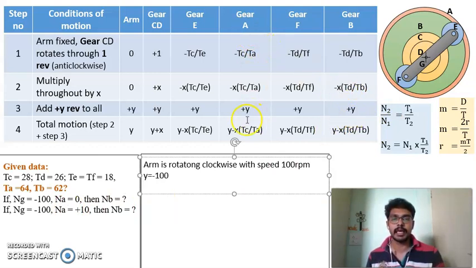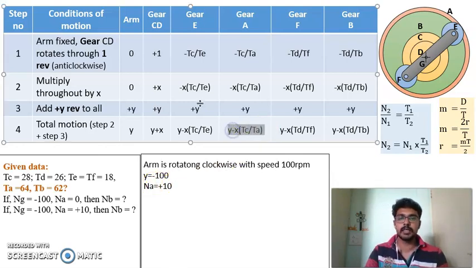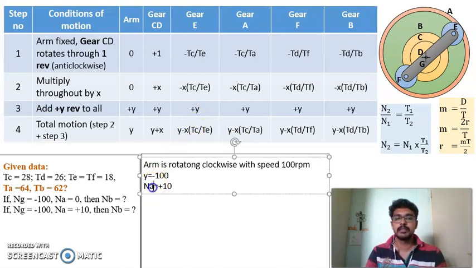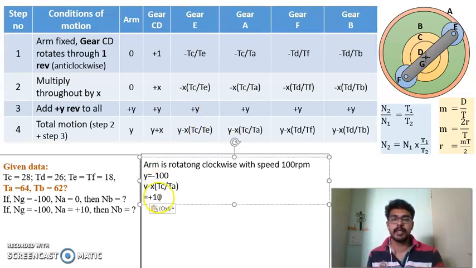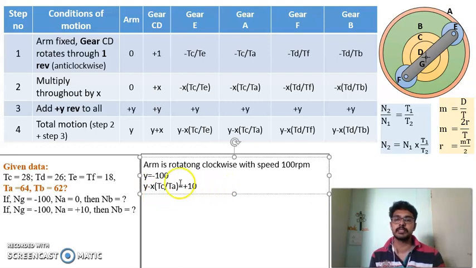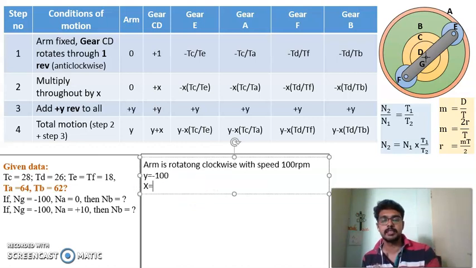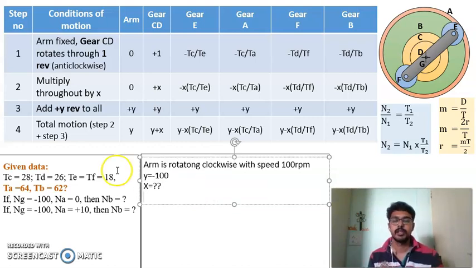Now for gear A, NA is equal to plus 10, since it is rotating in the anti-clockwise direction with a speed of 10 revolutions per minute, and the speed of gear A is denoted by this term, that is y minus x into TC by TA is equal to plus 10. Now you substitute y, you substitute TC and TA, and you will be getting how much x is equal to. Now once you get the values of y and x, you can directly calculate the value of gear B.